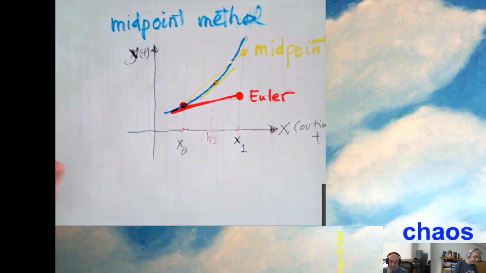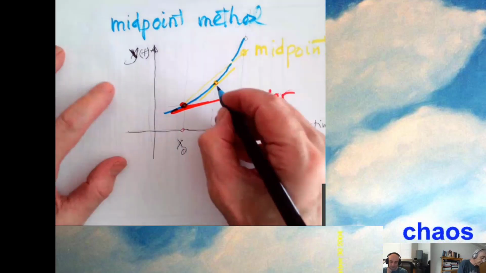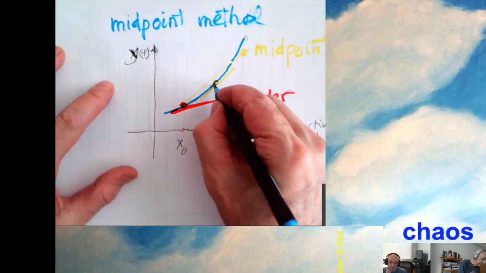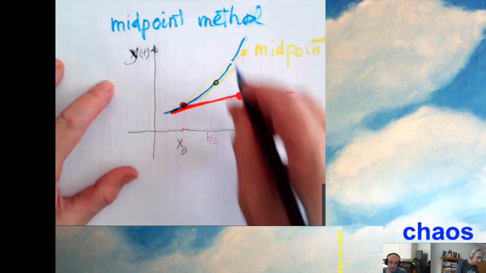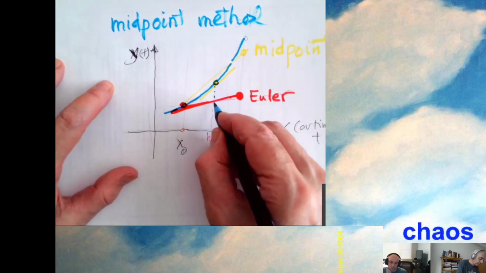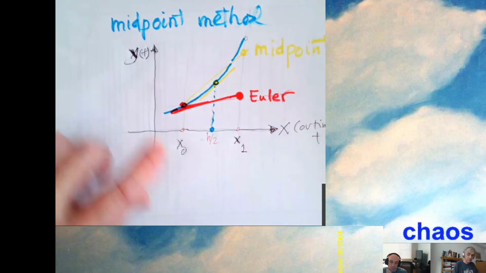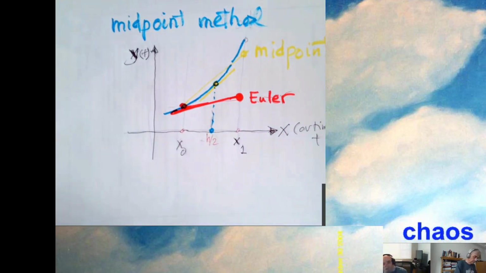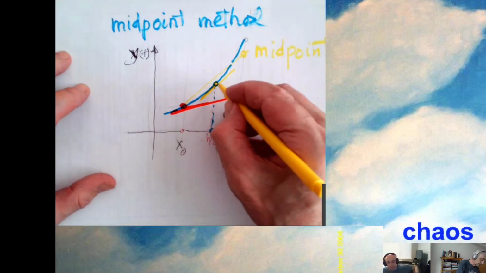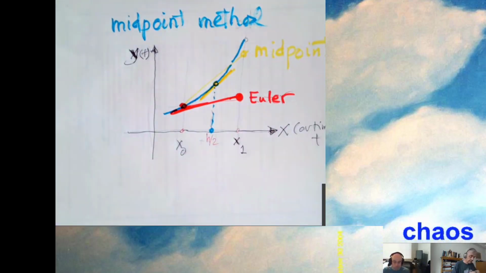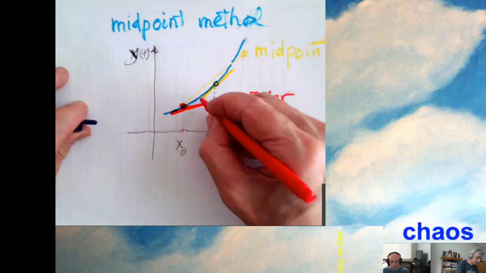But if I use the midpoint method, what I do is I say, well, I know the tangent here, but that might be very wrong. So let me go midpoint way to h/2 and evaluate the tangent again. So here it is, the tangent on the midpoint.